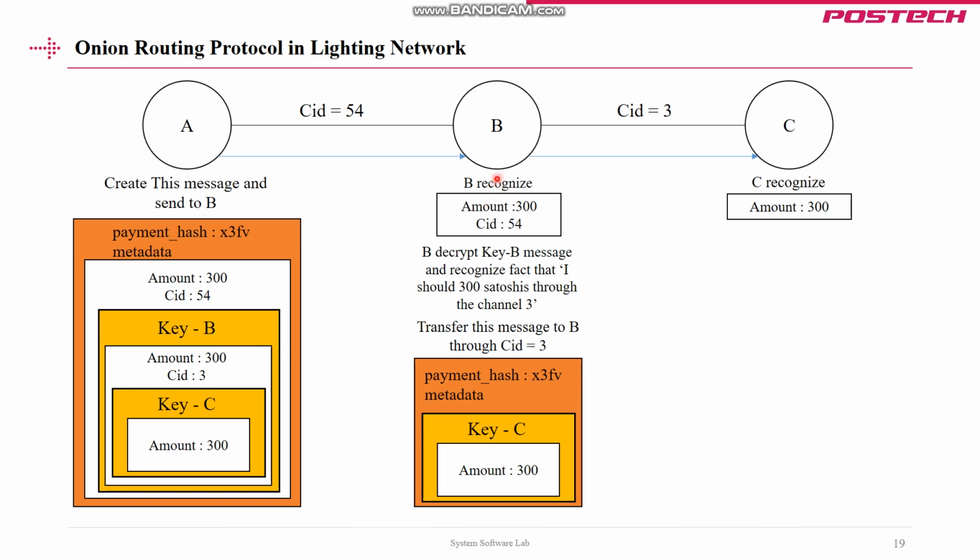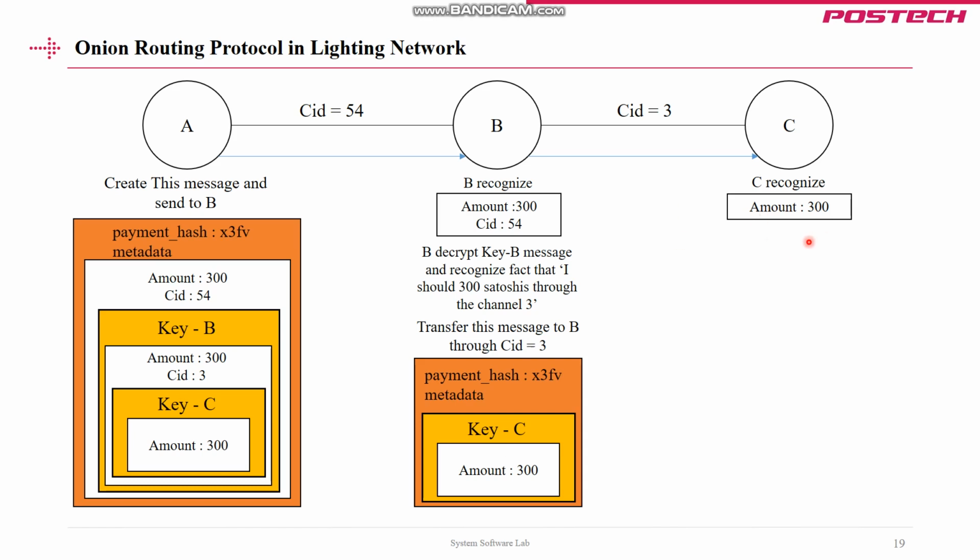B transfers this message to C through channel ID 3, and now C decrypts the message and receives the amount of 300.